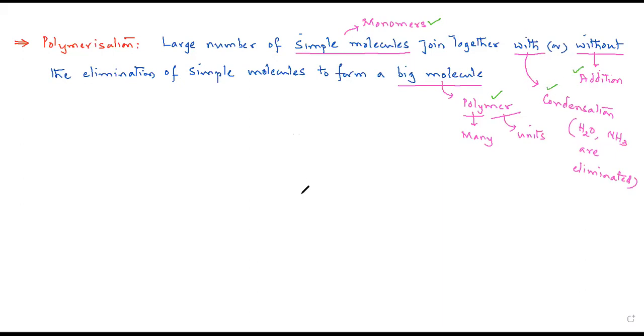One is addition, the other one is condensation. Now, in this particular chapter, I would actually like to give you an example for addition polymerization. The remaining all, of course, will be learnt in the topic polymers.